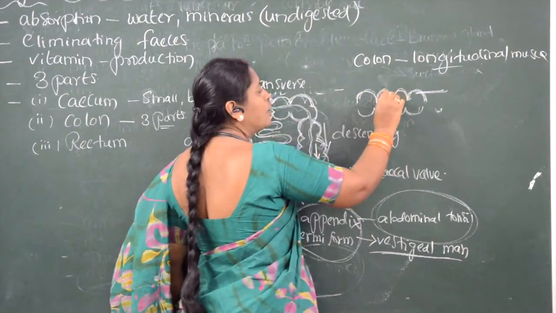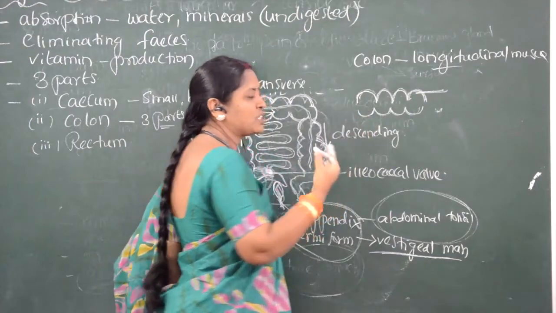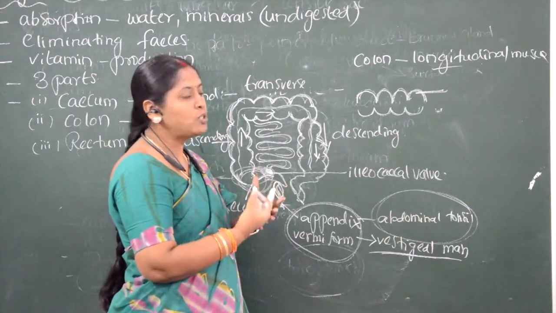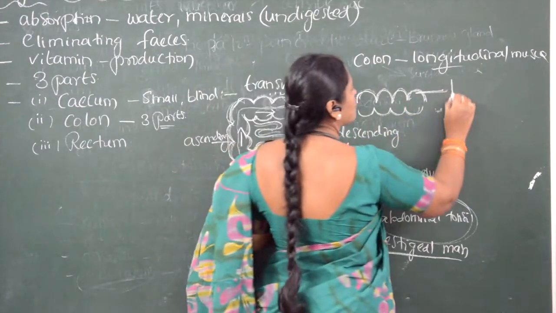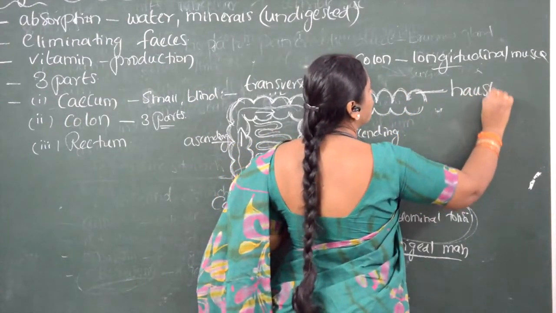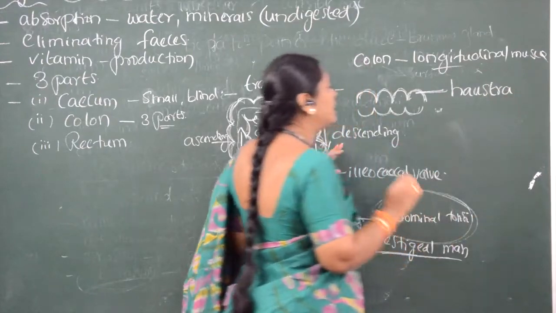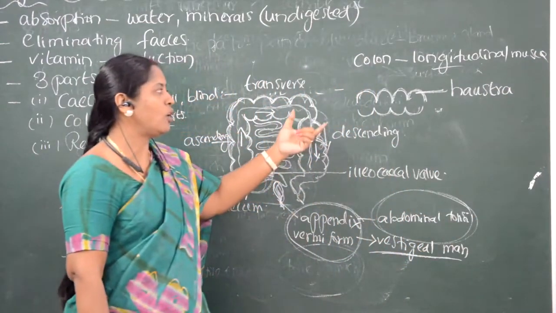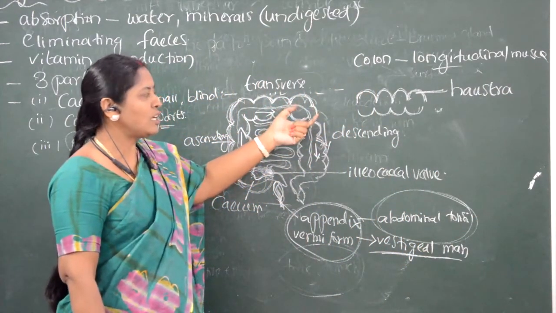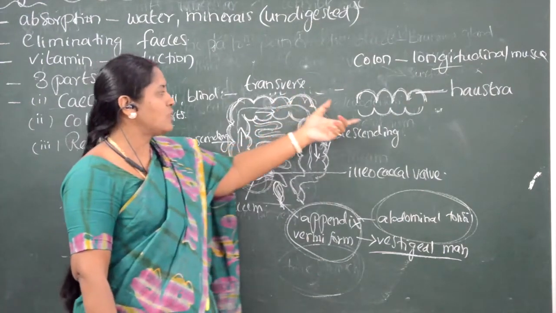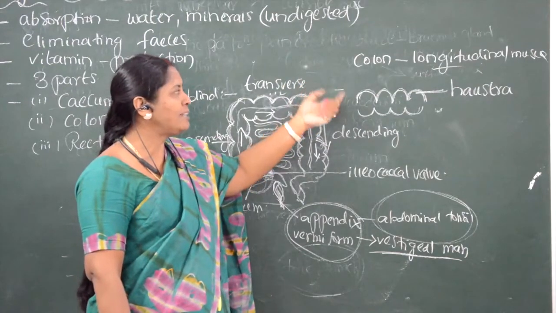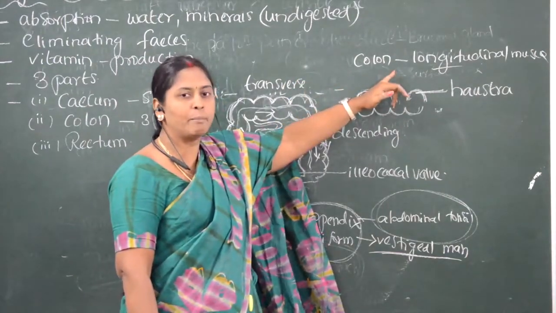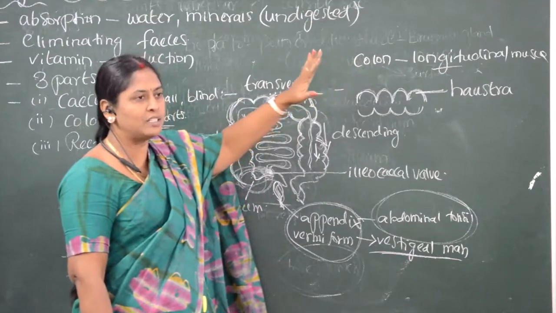Like this, the projections, which we can call pouches, appear in the large intestine. That pouch is called haustra. So the pouches present in the large intestine are called haustra, which are formed by the constriction of the longitudinal muscles.